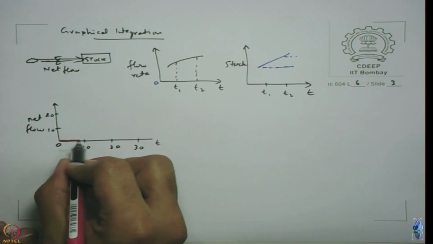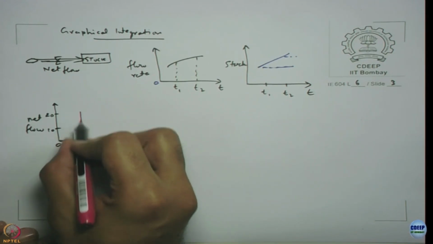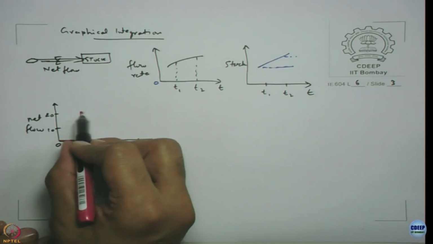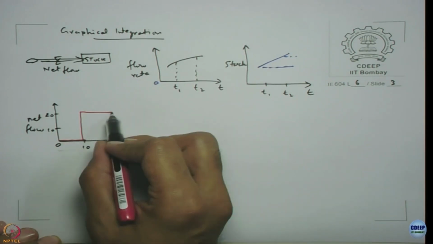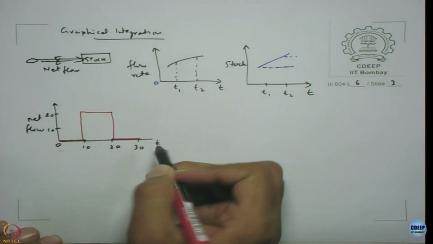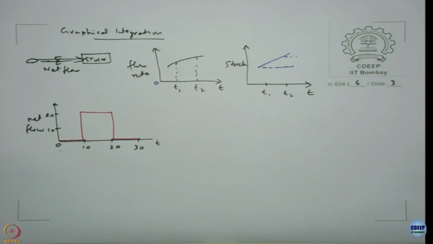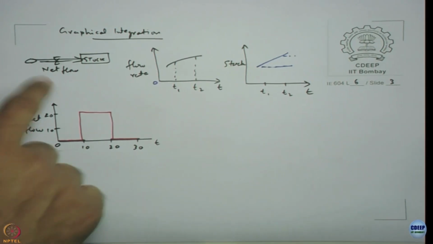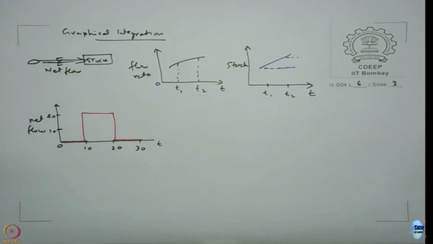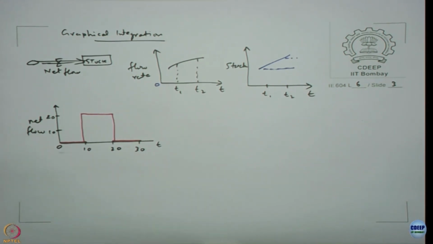Let us assume the flow is 0, then there is a rectangular pulse from time 10 to time 20, and then again it falls back to 0. So a rectangular pulse is given as a net flow into the stock. Let us assume this is the behavior of the flow over time.